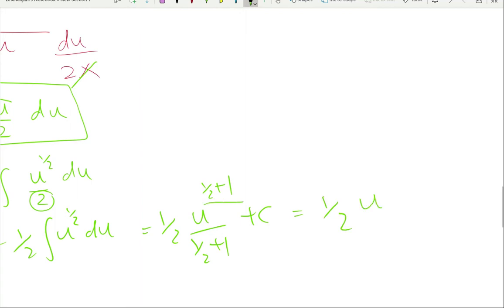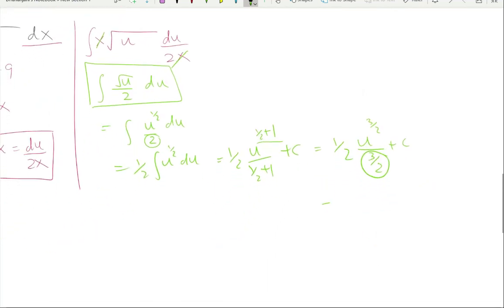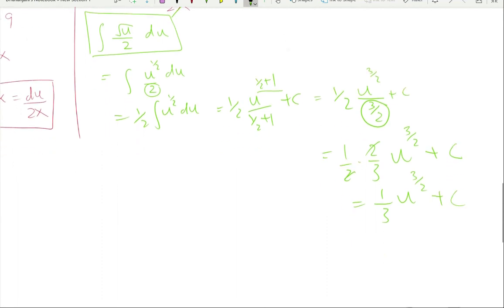Half plus 1 is 3 over 2. Dividing by 3 over 2 is the same as multiplying by the reciprocal, 2 over 3. So half times 2 over 3, the 2s cancel out, so it's 1 over 3 u to the 3 over 2 plus c. So I simplified this completely.